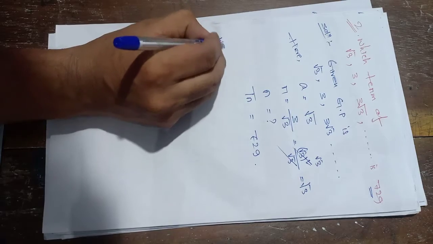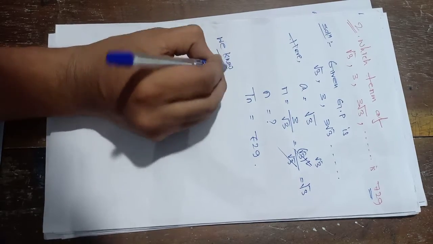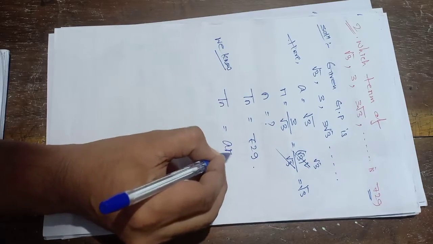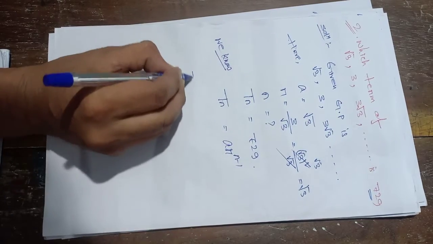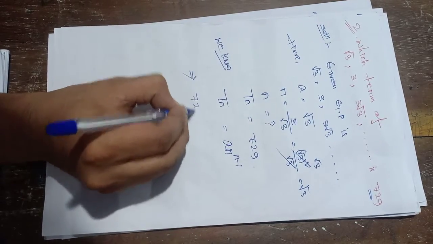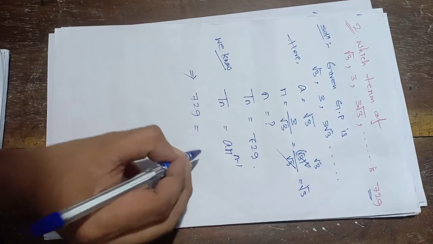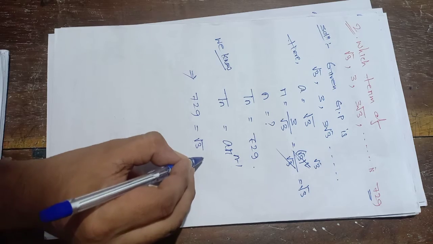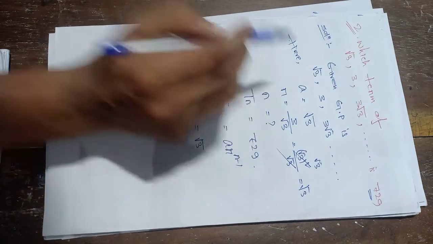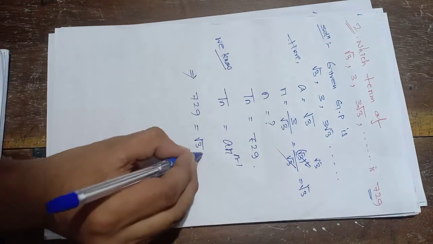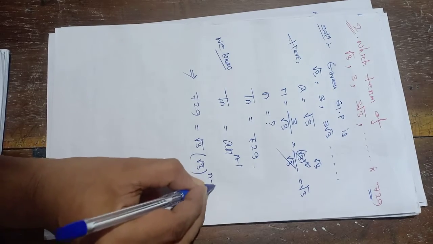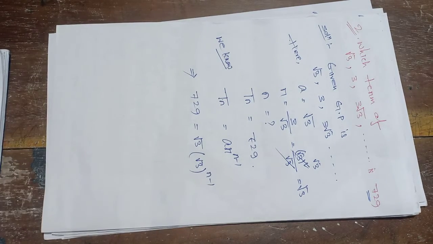We know the formula of Tn, which I have already explained: a r to the power n minus 1. So Tn is 729, a is root 3, and r is also root 3, to the power n minus 1.